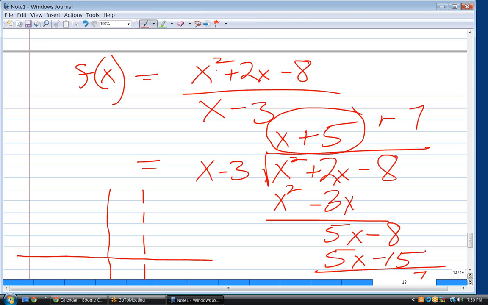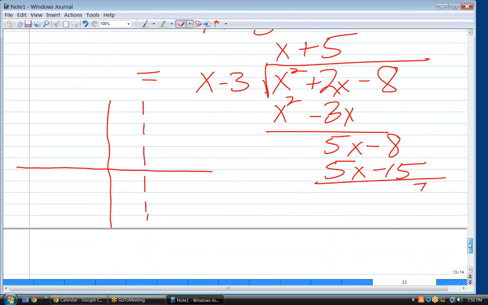In other words, whenever your numerator is 1 degree higher than the denominator and you divide it, you always get a linear factor by definition. If this is x cubed and this is x squared, you're still going to get a linear answer. And you can throw away the remainder. We don't care about that.